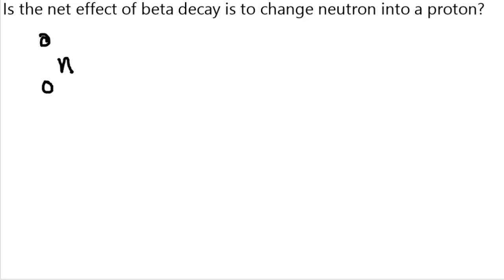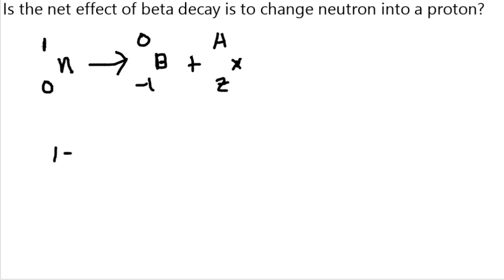Is the net effect of beta decay to change a neutron into a proton? So let's say we have a neutron here, and this neutron will undergo beta decay. So I forgot the one there. Neutron has mass. So solve for Z and A here. So let's do that.